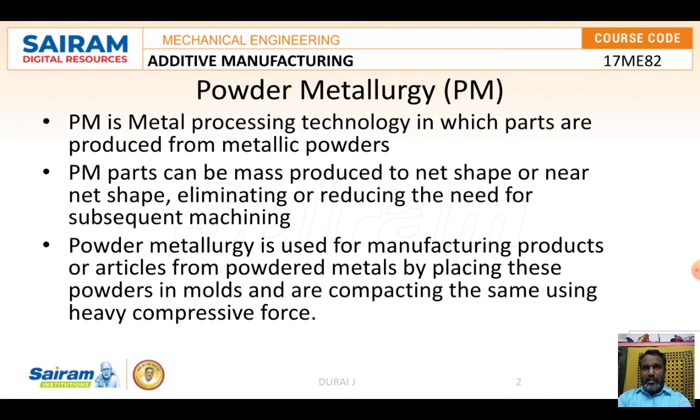Then, the main use of powder metallurgy is that it increases quality and reduces cost. The precision of the product is high, and productivity also increases, so this method is used.